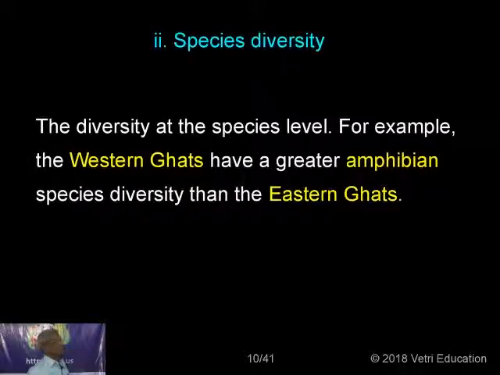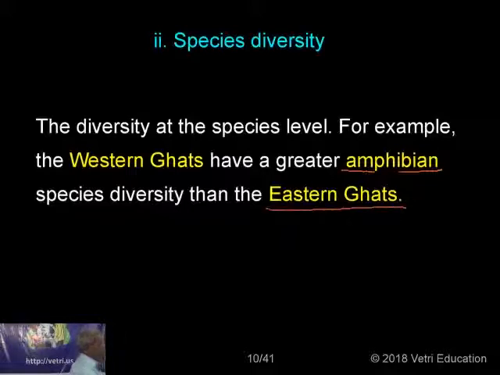Then I am going to talk about what is called species diversity, the diversity at the species level. For example, the Western Ghats have a greater amphibian species diversity than the Eastern Ghats. So in India, this is the Western Ghats.